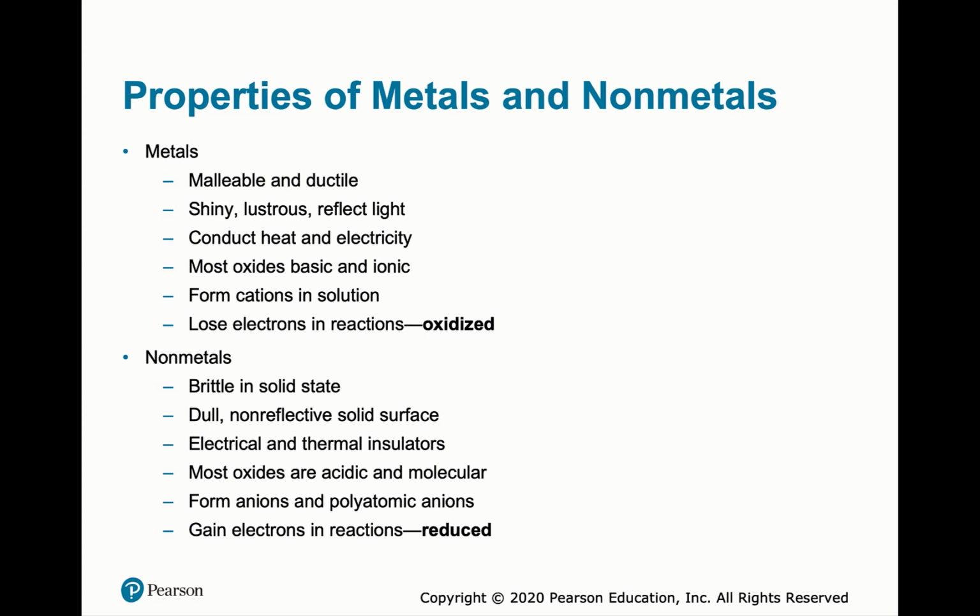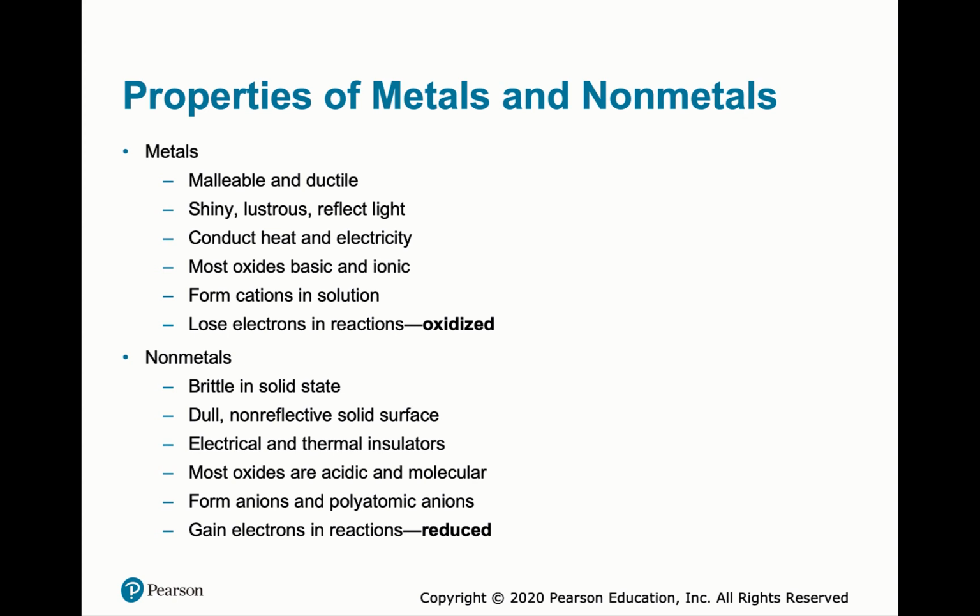Nonmetals, though, tend to be brittle, and you can break them. They tend to be dull and non-reflective, and man, I feel sad for the nonmetals now. I think they're interesting, but according to the textbook, they're dull. They tend not to conduct electricity or heat very well. Of course, there are exceptions to this.